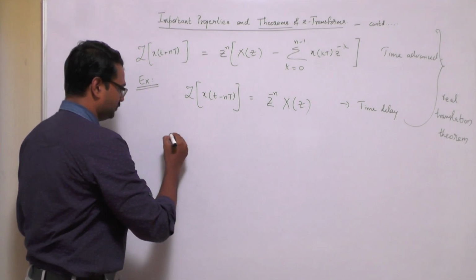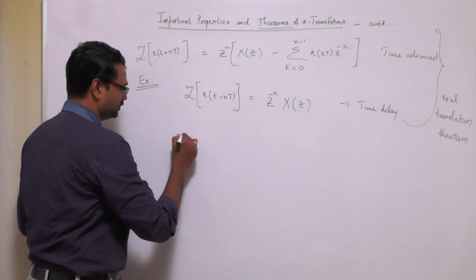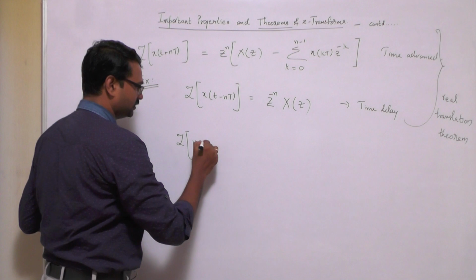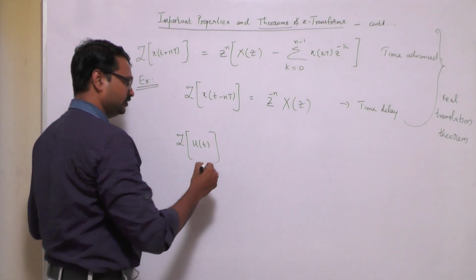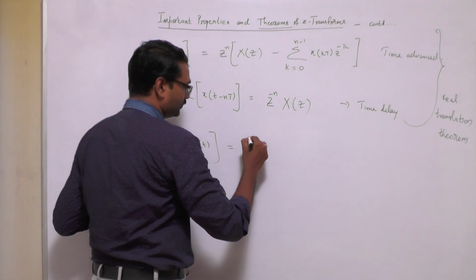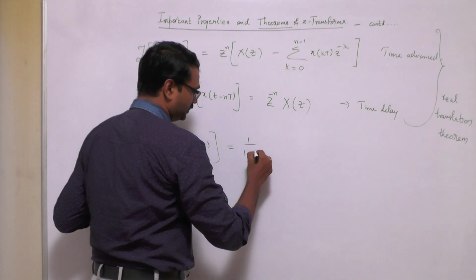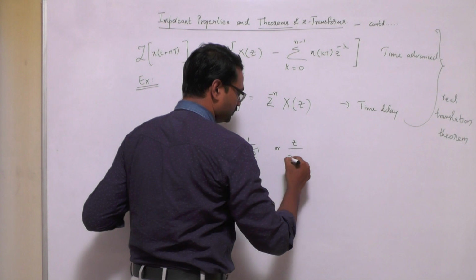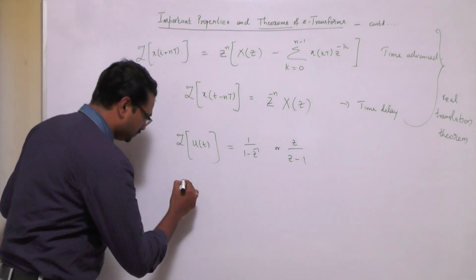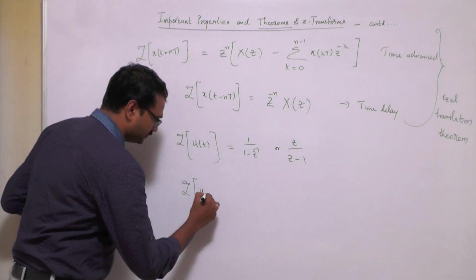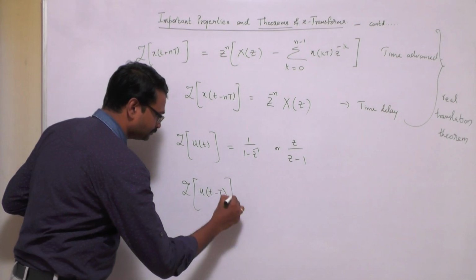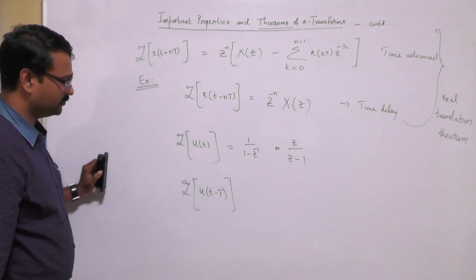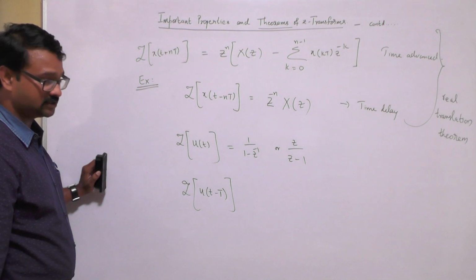For example, the z transform of a unit step function we got 1 by 1 minus z inverse, or z by z minus 1. Now what is the z transform of u(t-T), which is a time delayed unit step function?